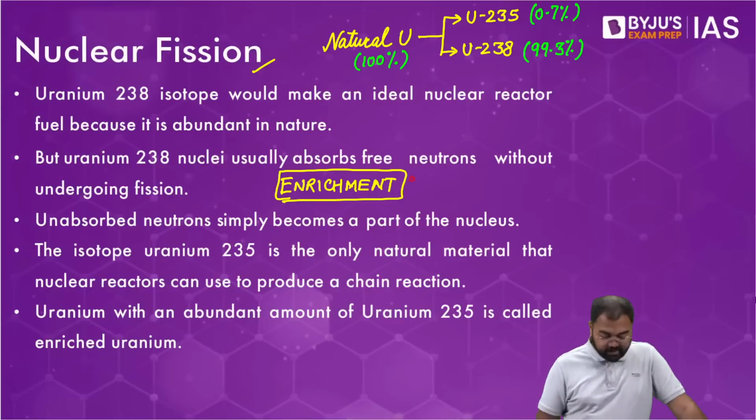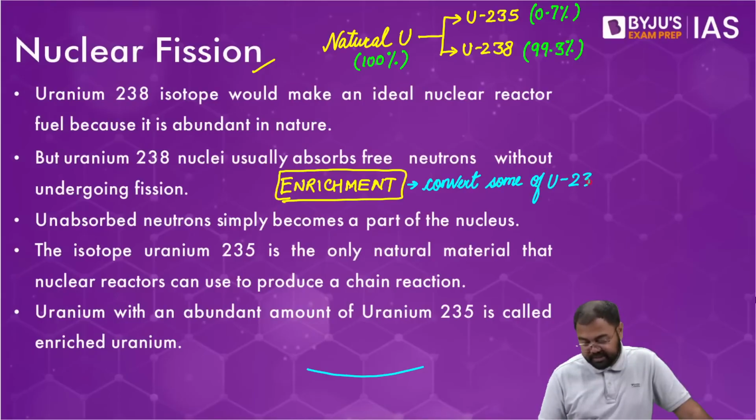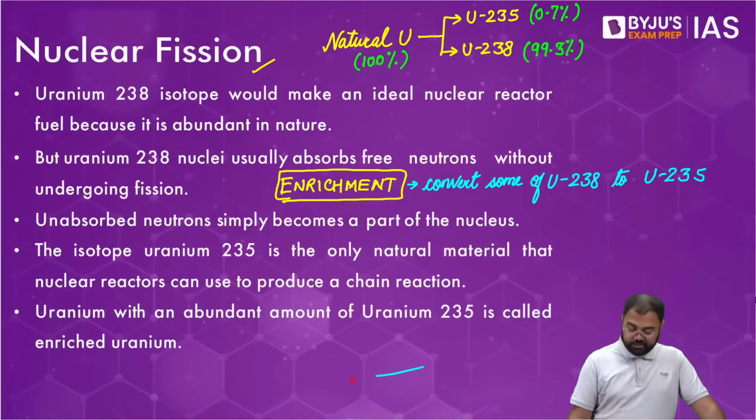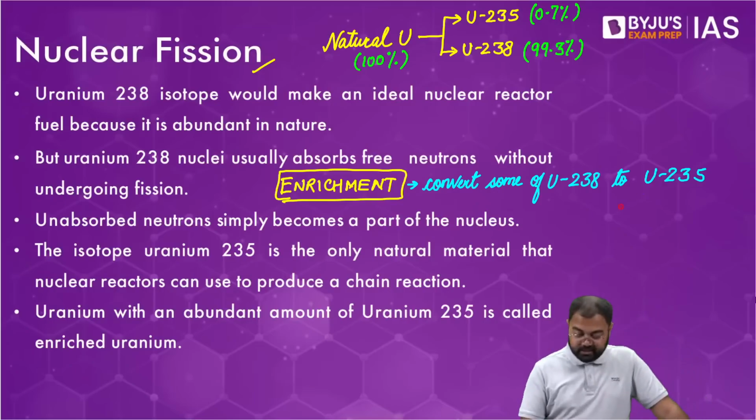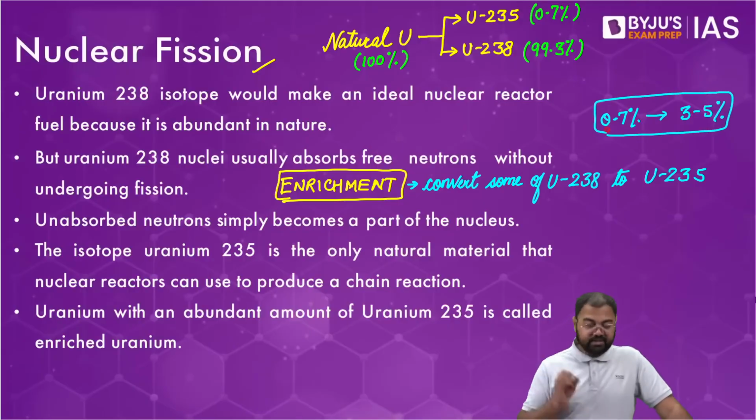So enrichment basically is when we convert some of uranium 238 to uranium 235. Right, we convert some of uranium 238 to uranium 235. So in that case, this 0.7% increases to 3 to 5%. This is the kind of increase that we want.